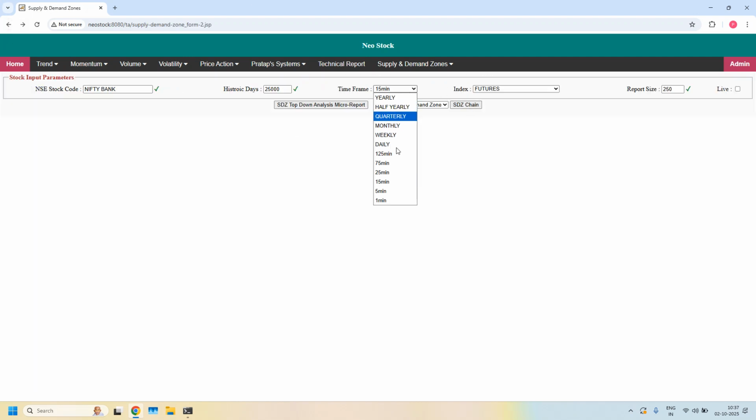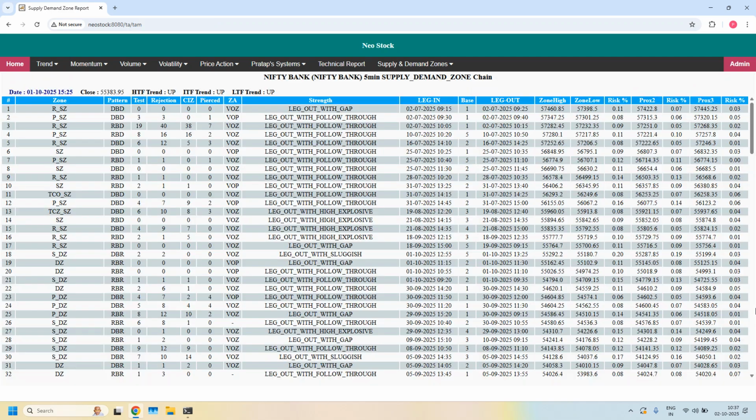Next, generating 5 minutes supply demand zone chain for Bank Nifty. And the nearest demand zone, serial number 18, fine, almost in the middle of the page. So this is about the Bank Nifty supply demand zone chain.